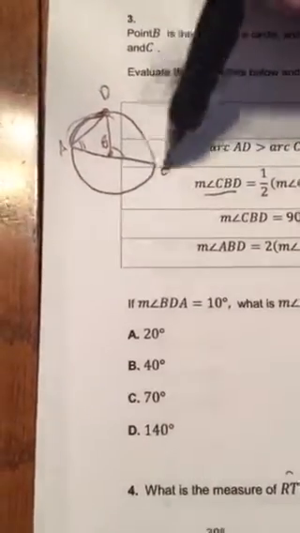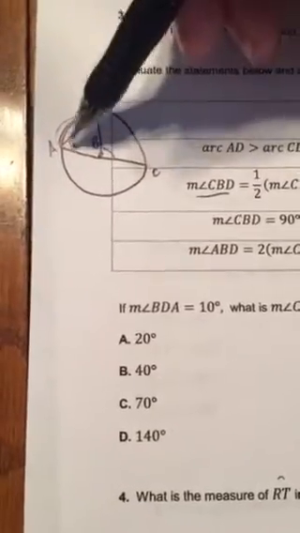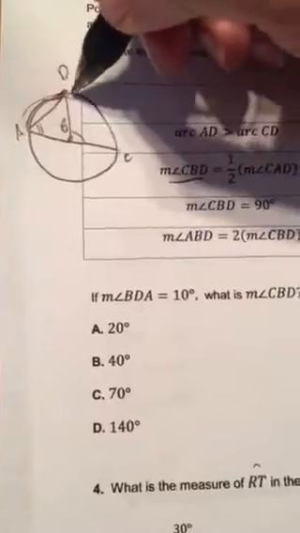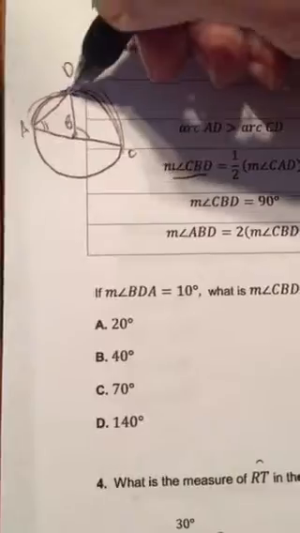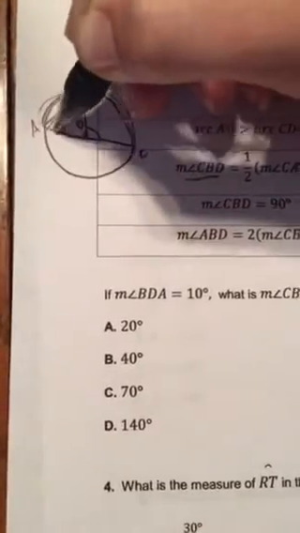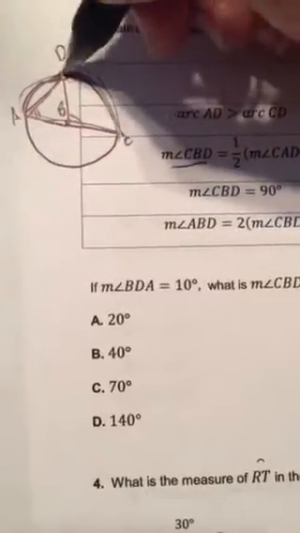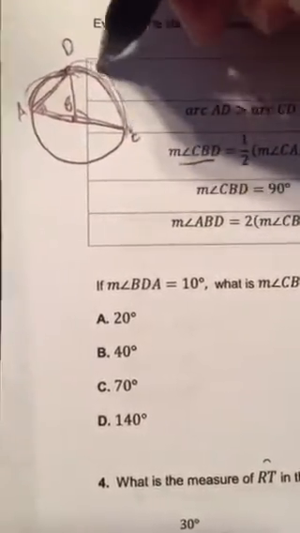Okay, so we're saying that CBD is equal to half of this angle. Well, remember right here, CBD is a central angle. So whatever this angle is would be what's up here. So again, when I look at this, I see an ice cream cone right here. So this is the cone. Here's your ice cream. What I know about the cone is that it's half the ice cream.